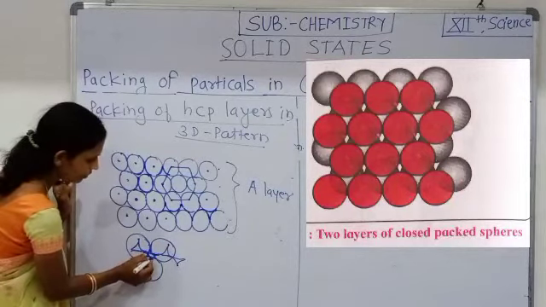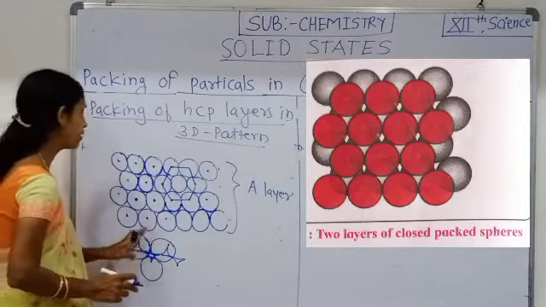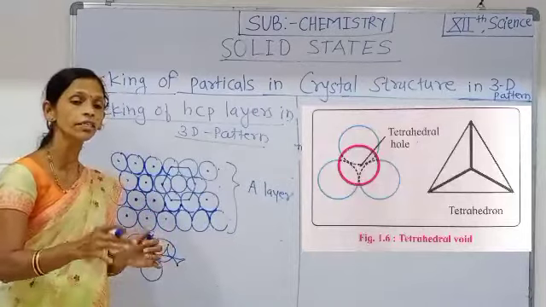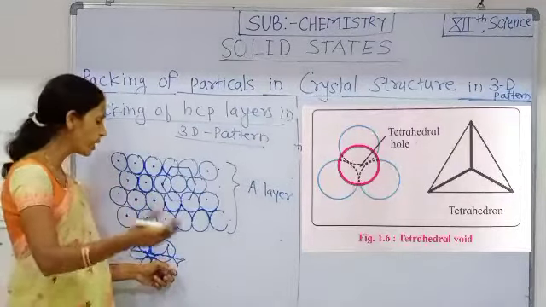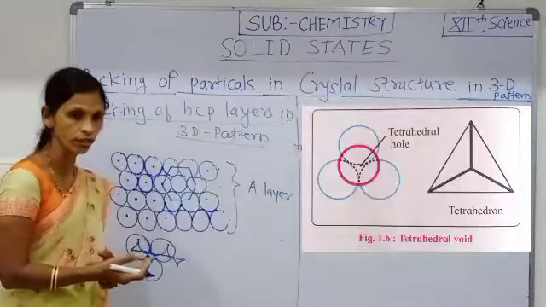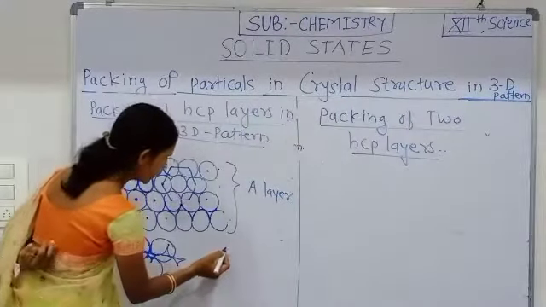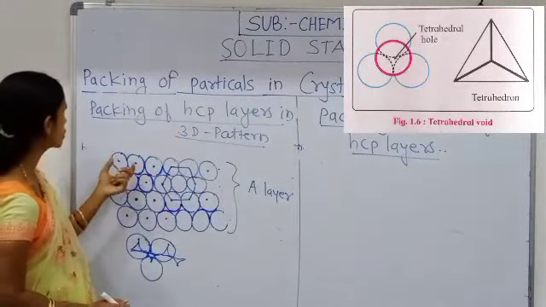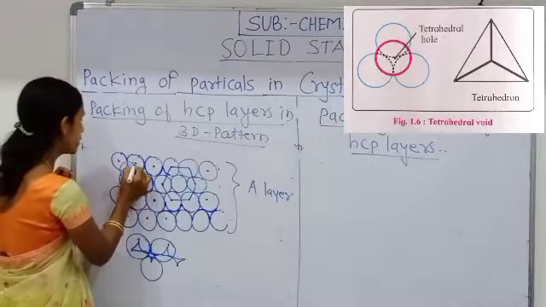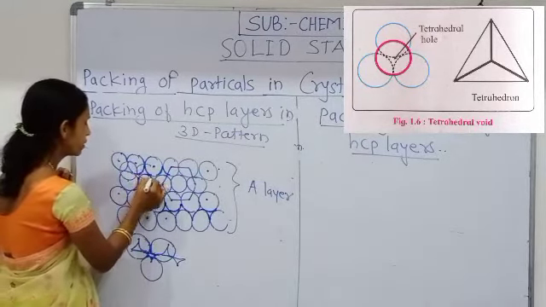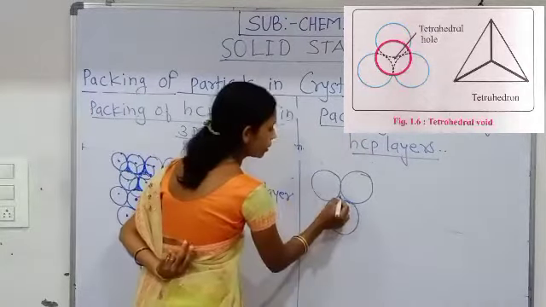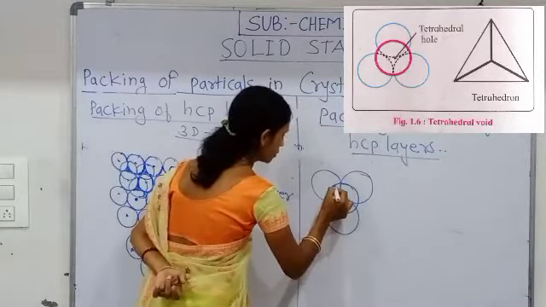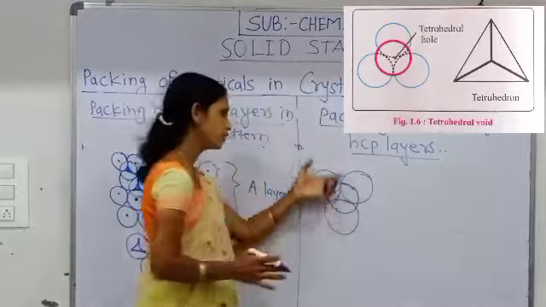Therefore here, those triangular voids which are covered by the spheres in the second layer make that void a tetrahedral void.